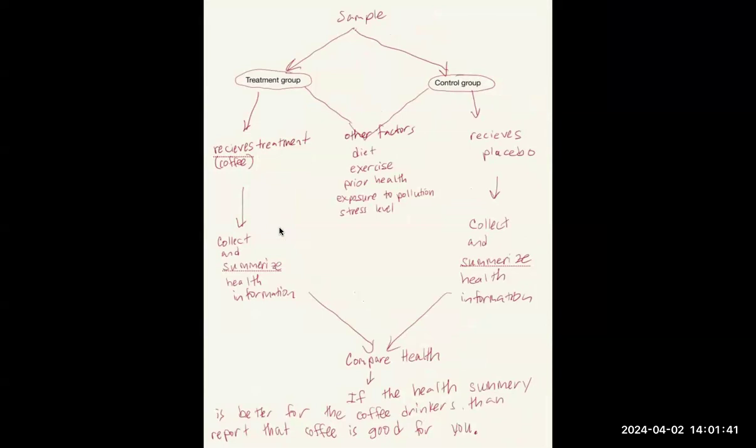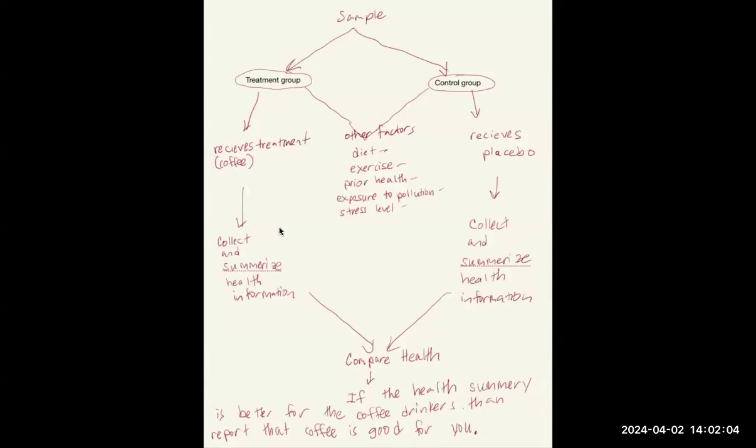So there are other factors other than coffee that might make you have better health, like diet and exercise, prior health, exposure to pollution, stress levels, all these other things that affect your health. Those we should try our best to make the same for both the control group and treatment group.